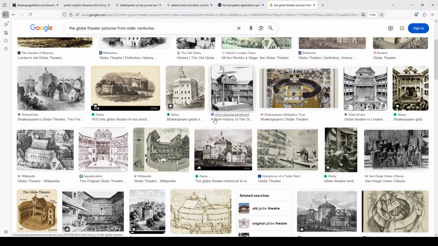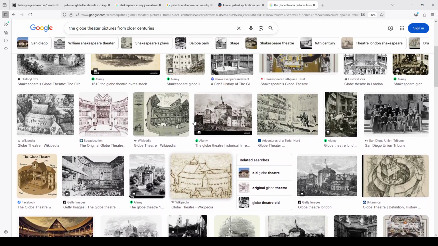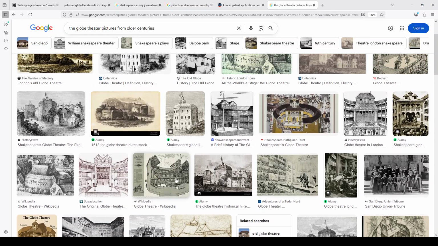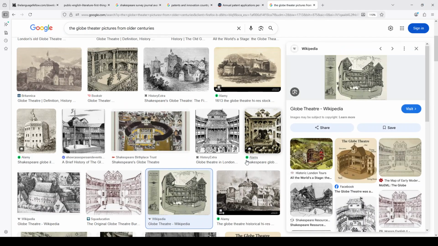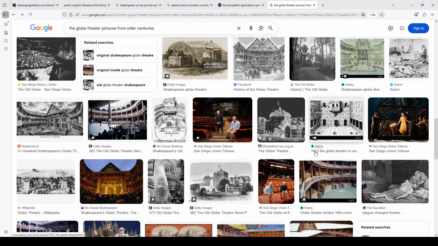So you will find these things in books, sketches, and that's how. So there's a pit, and there's a balcony, and so on. So it depends what kind of ticket you're buying, and where you will be able to sit, and so on.